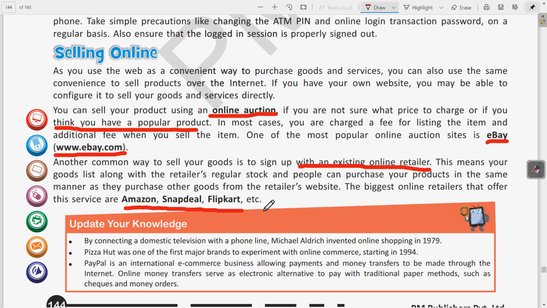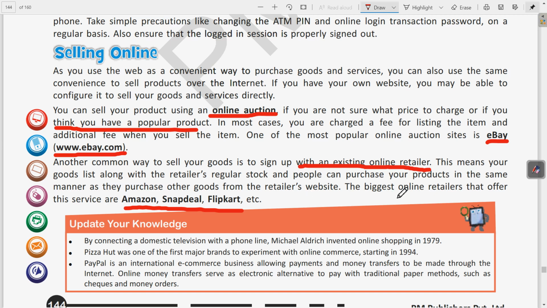We need to register on these websites or web platforms, and when you are registered, you can also list your things, and when customers are searching, they will also get your products if you have registered and put your products on that website.